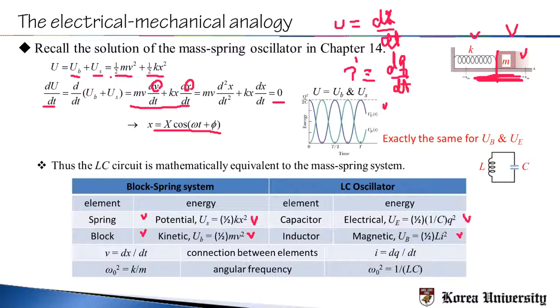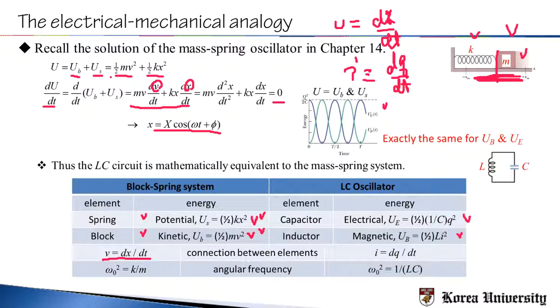So in all cases, the energy was expressed in the form of half multiplied by some constant multiplied by a quantity squared. In the case of the block spring system, the displacement and the velocity are related such that the velocity is the first time derivative of the displacement.